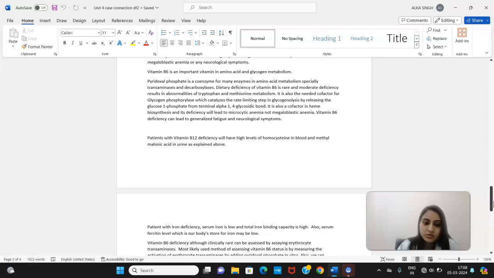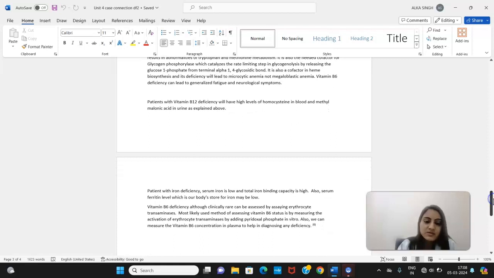It is also a cofactor for glycogen phosphorylase, which catalyzes the rate-limiting step in glycogenolysis by releasing glucose 1-phosphate from the terminal alpha 1,4 glycosidic bond. It is also a cofactor in heme biosynthesis, and the deficiency will lead to microcytic anemia, not megaloblastic anemia. Vitamin B6 deficiency can also lead to generalized fatigue and neurological symptoms.